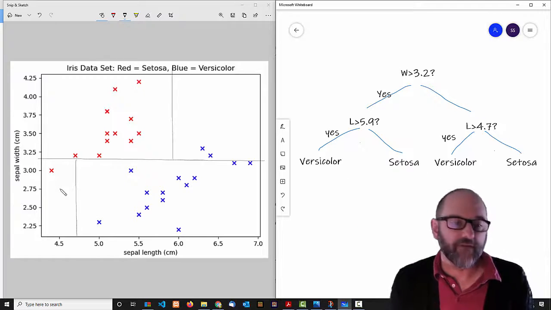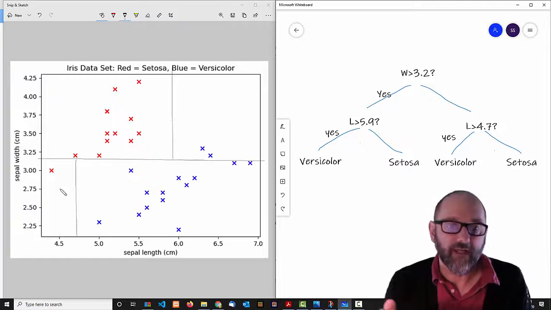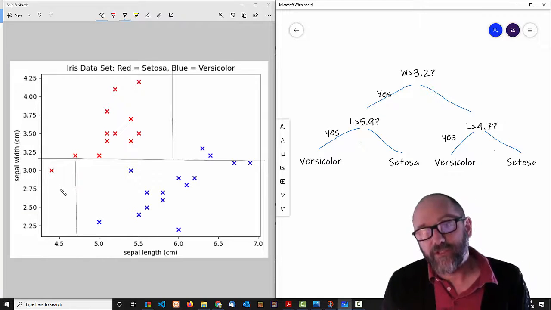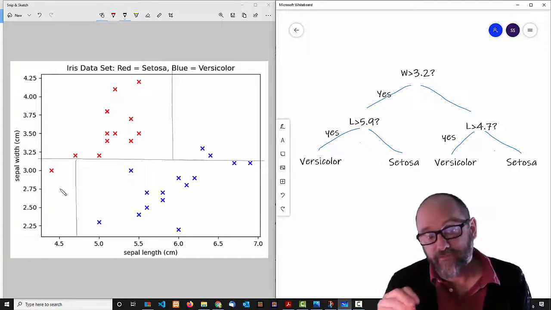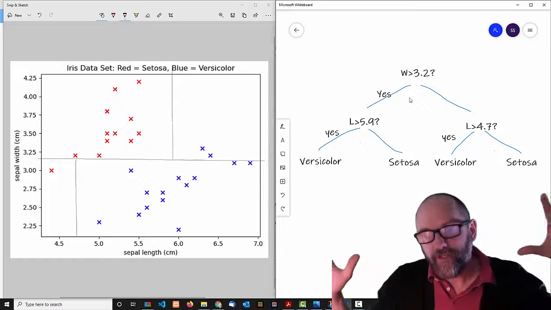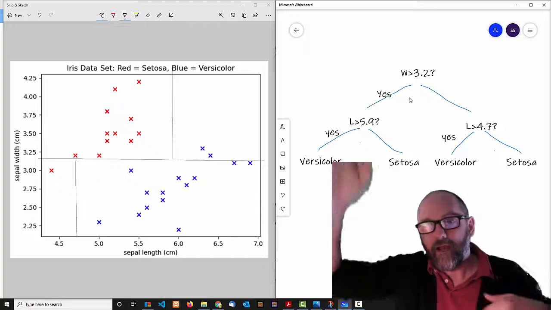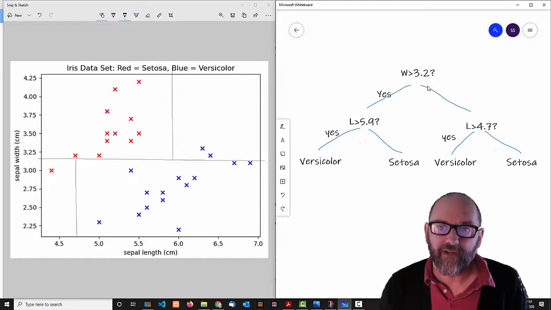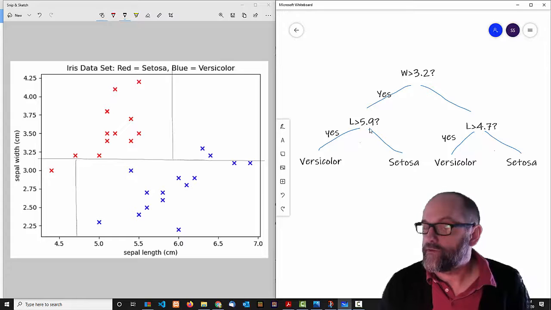This is one of the smaller drawbacks of decision trees: the learning phase is very slow, but categorization is very fast. Even if this was an enormous bushy tree, 20 steps deep, to travel through the tree is really fast. To travel through this tree takes two conditionals. It's basically 2 if statements to get through the tree. That's super fast.